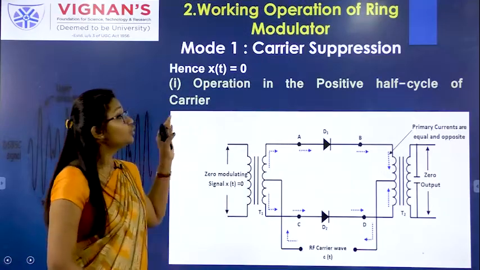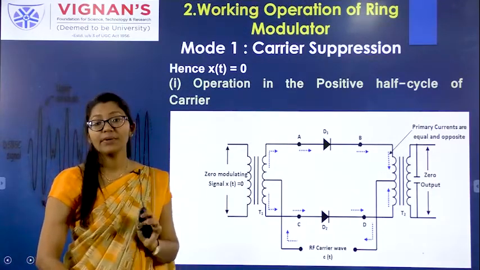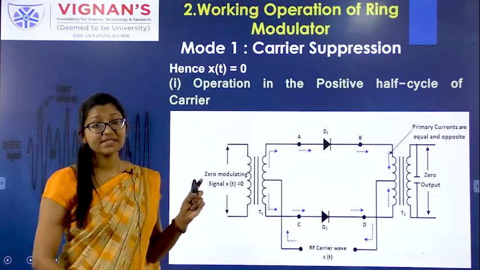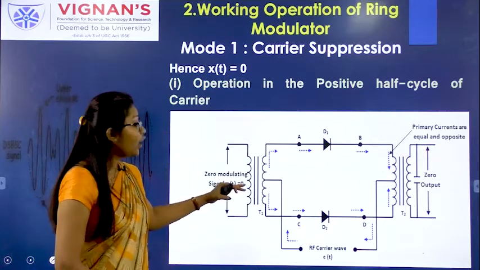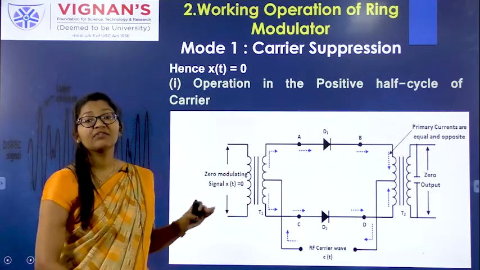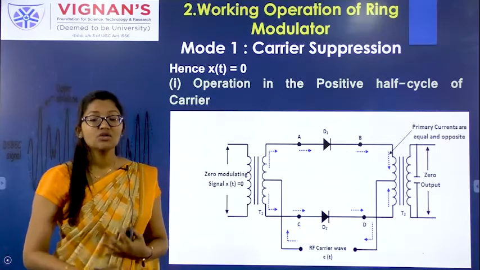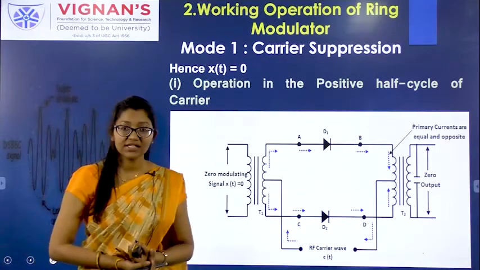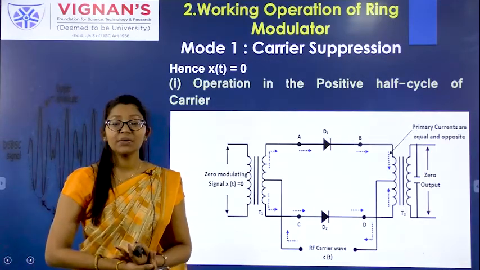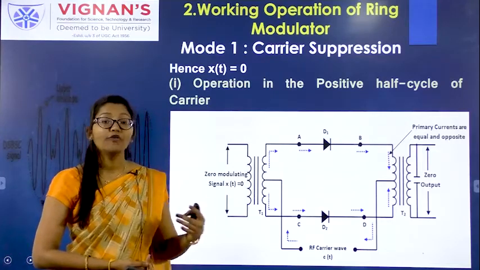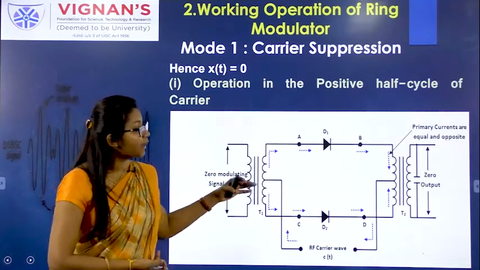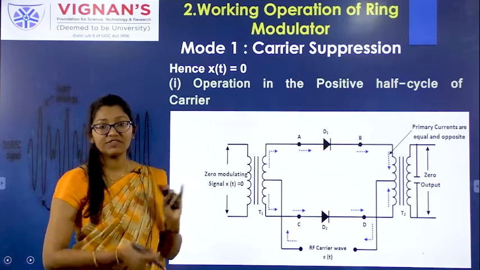So here there are two modes of operation. One is without modulating signal and the second one is with modulating signal. As we are considering DSB-SC here, DSB-SC means suppressed carrier. So how are you suppressing the carrier by using this circuit? First we will see that.